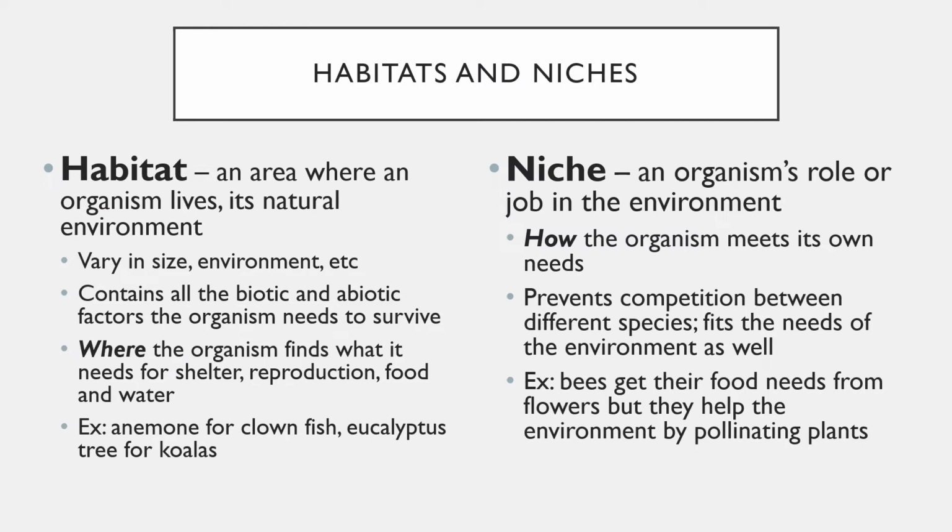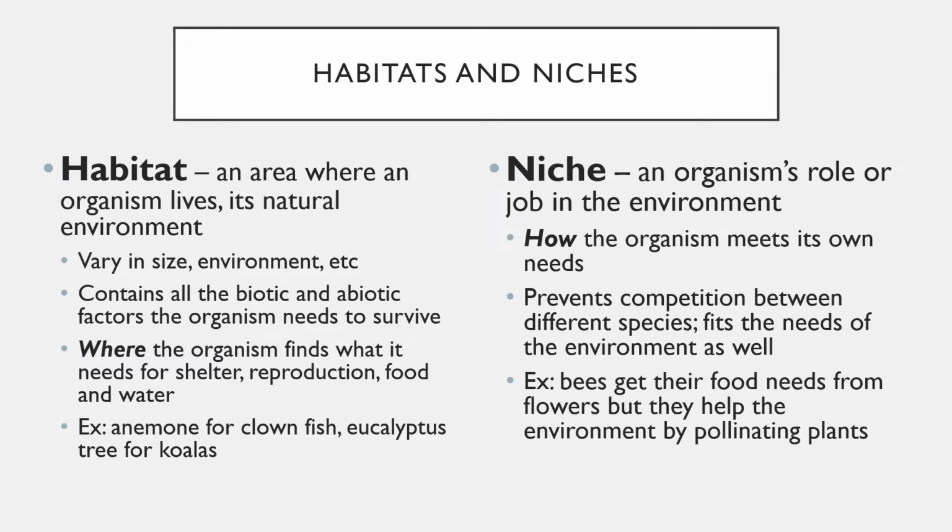Now, all living things have a habitat and a niche. So a habitat is an area where an organism lives. It's like its natural environment. A niche, on the other hand, is the organism's role or its job in the environment. So all of this has to do with survival. An organism needs to find shelter, food, water.